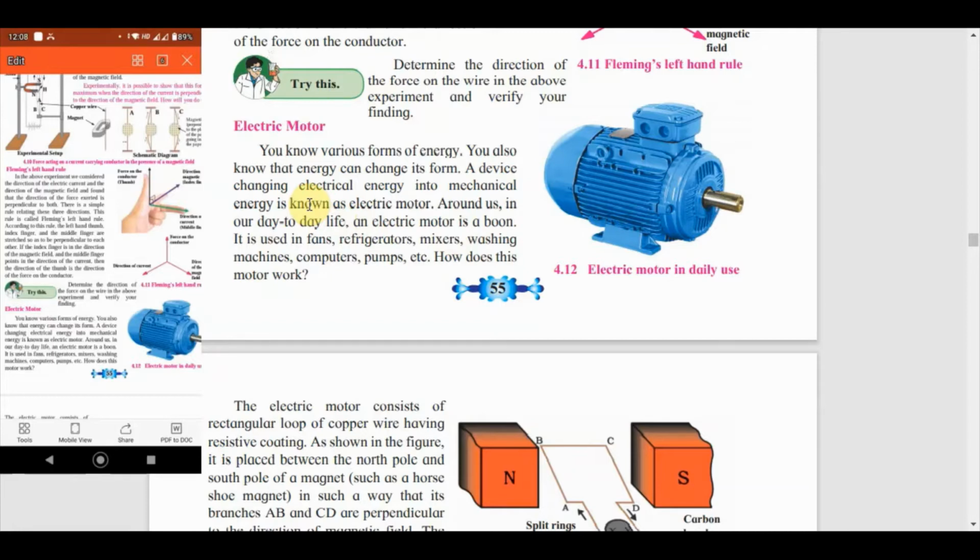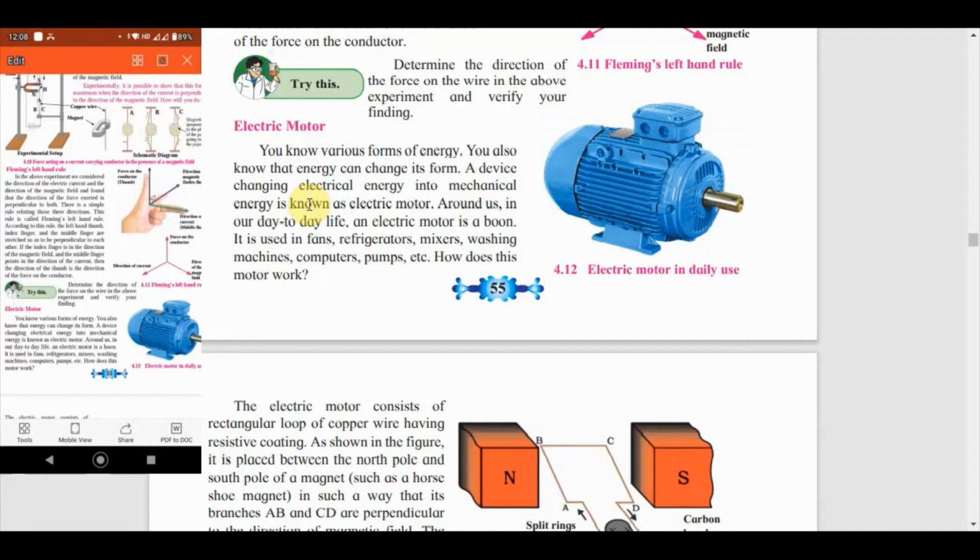You may say, sir, how is it in the phone? When your phone vibrates, there is a small motor that gets started. Fan is there, and in your computer and laptop, small motors are acting as a fan, as a cooling agent, and so on. So everywhere you will find that motors are used.